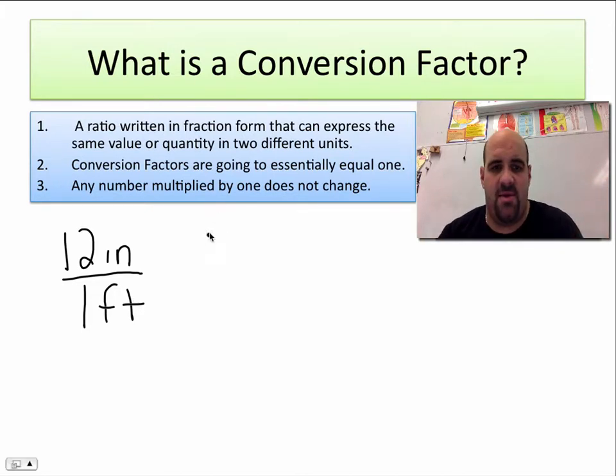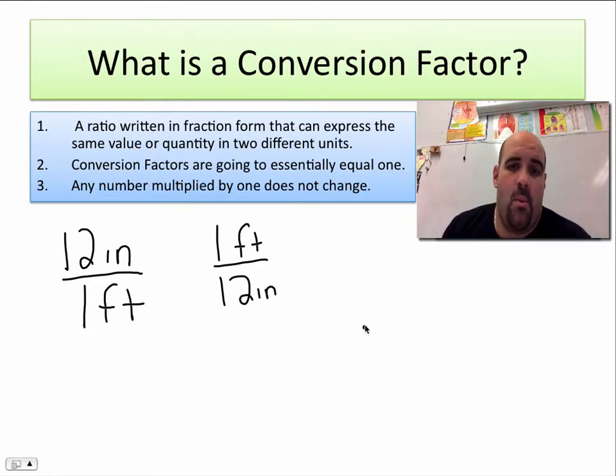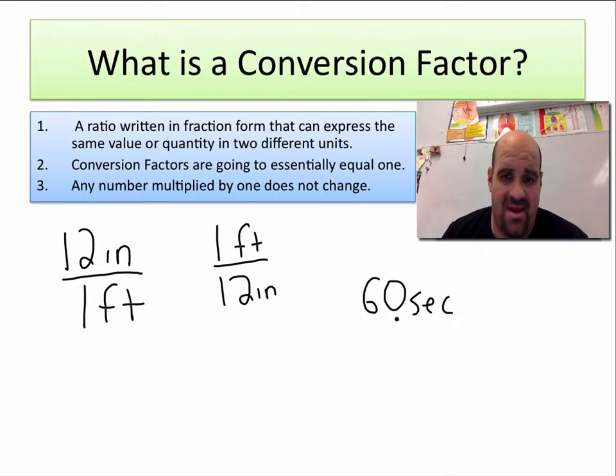And we could write this the other way. We could say that 1 foot is 12 inches. Right? What are some other conversion factors you can think of? Well, you might know that there are 60 seconds in 1 minute.